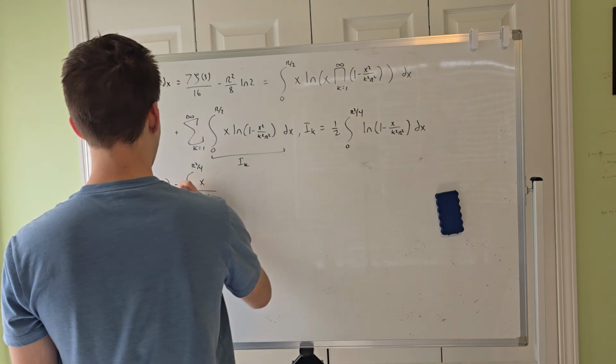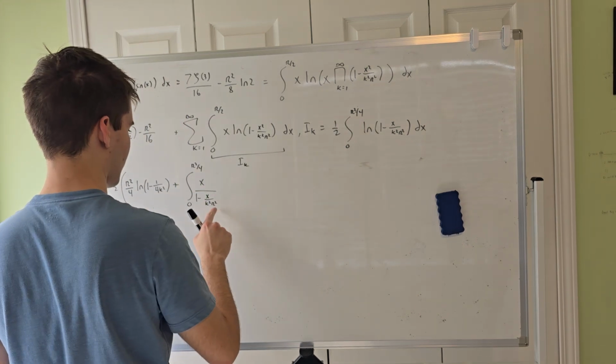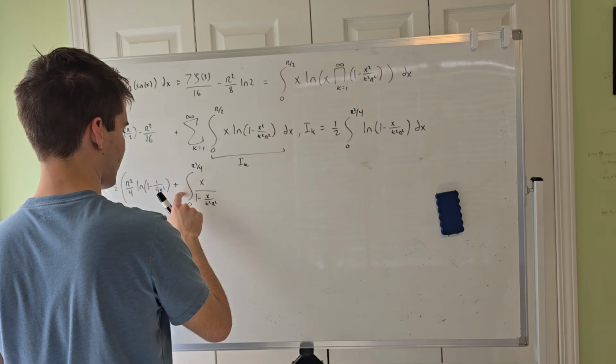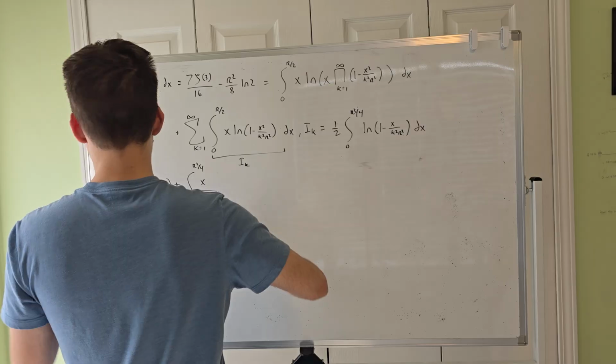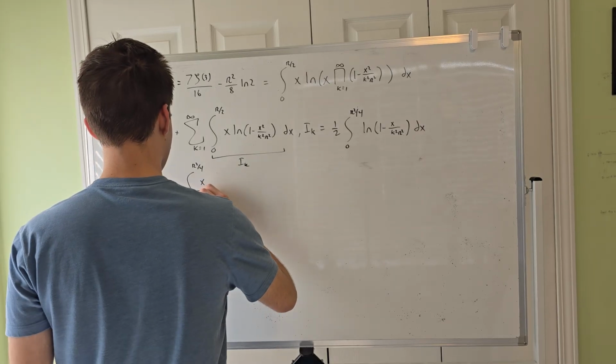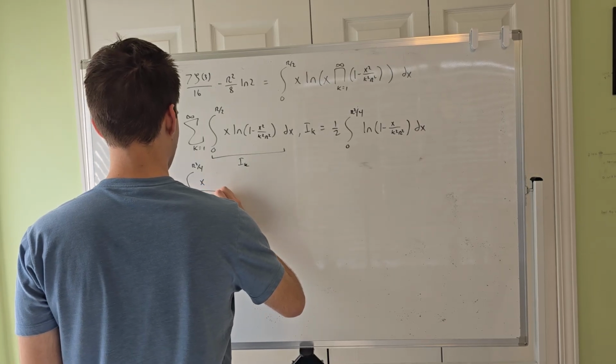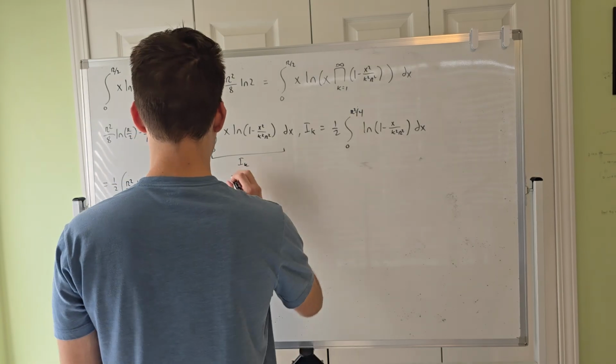Now by the chain rule, we're going to have a minus 1 come out here and then a 1 over k squared pi squared here, but that can just multiply into the denominator to give us k squared pi squared minus x dx.